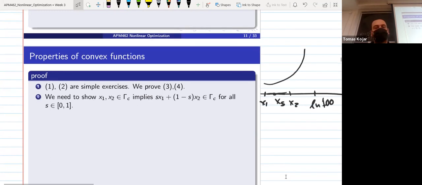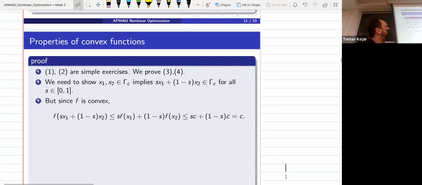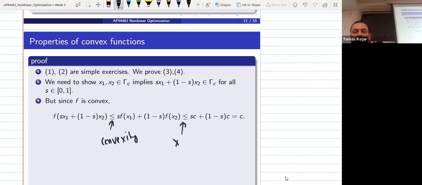All right, good. Your function is convex, so I'll just compute it. The first step is by convexity, and in the second step, I'm using that x1 and x2 are in gamma C, so f of xi is less or equal than C. Okay?